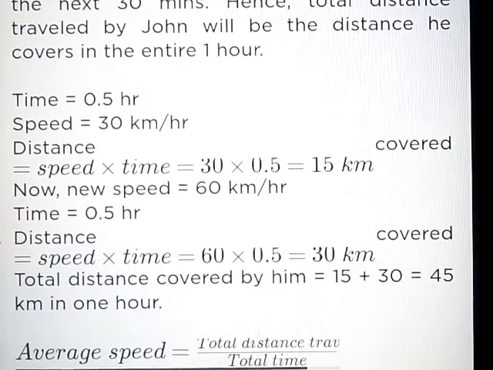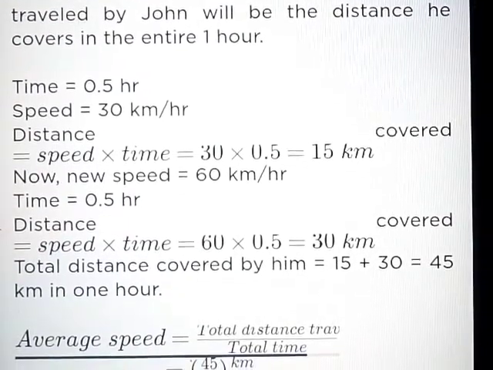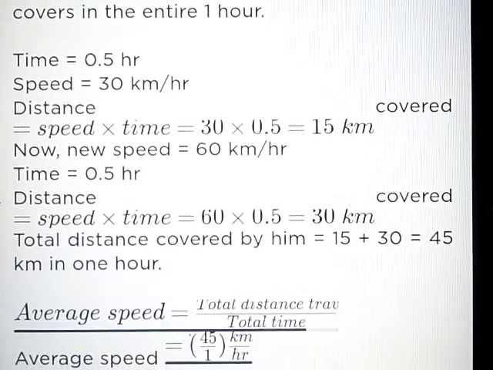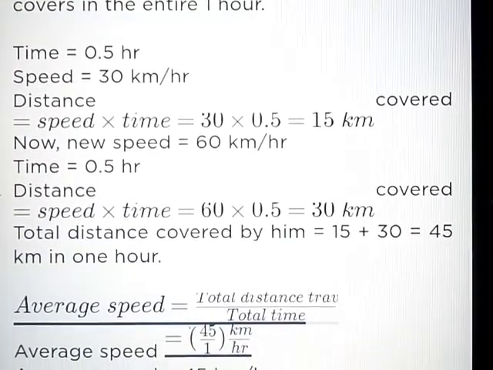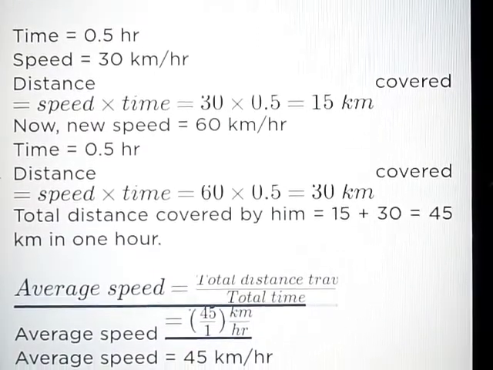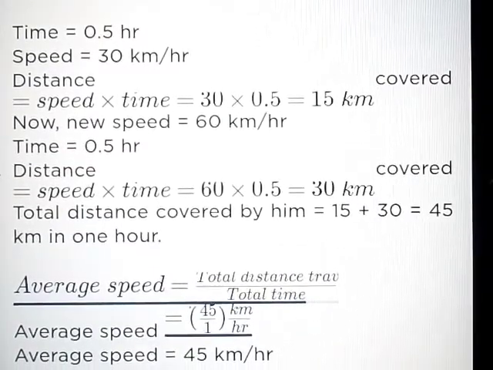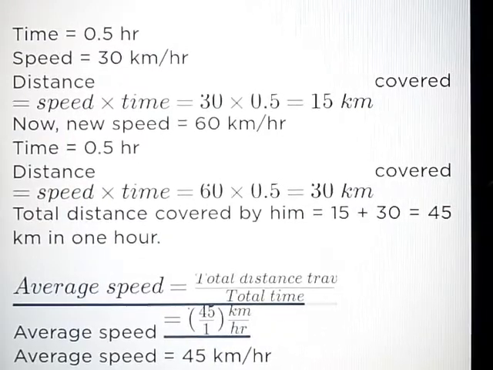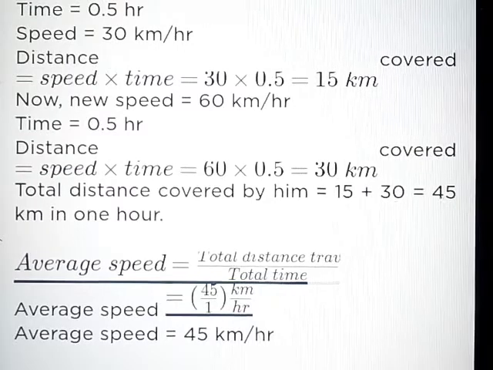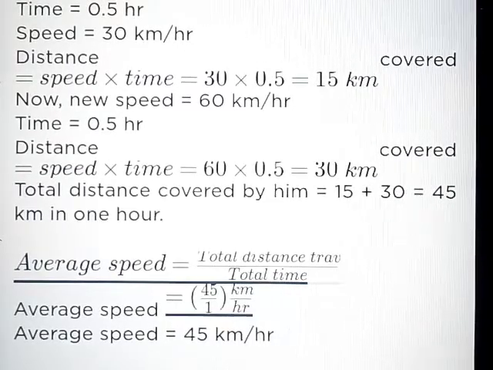Now, new speed is equal to 60 km per hour. Time is equal to 0.5 hour. Distance covered is equal to 30 km. Total distance covered by him is 45 km in 1 hour. Average speed is equal to 45 km per hour.